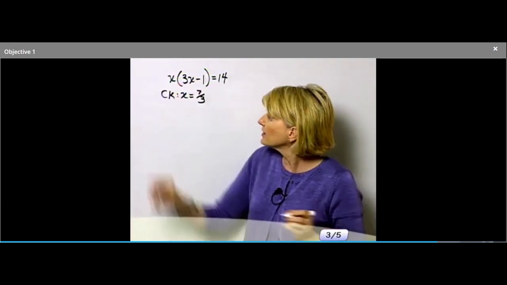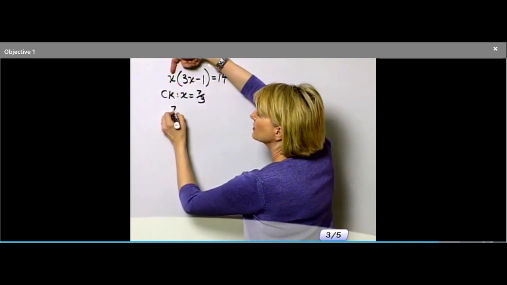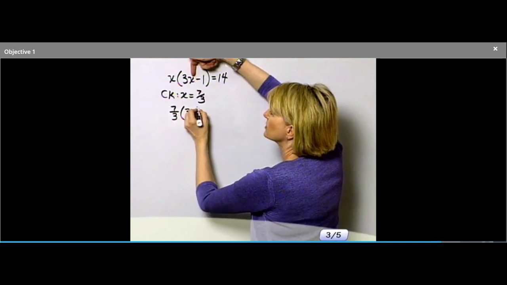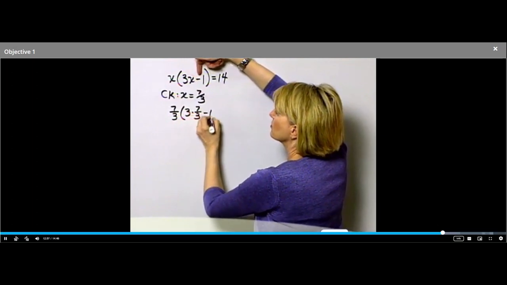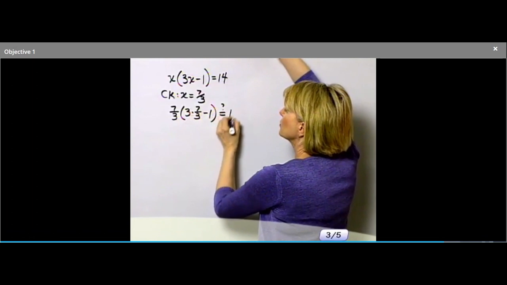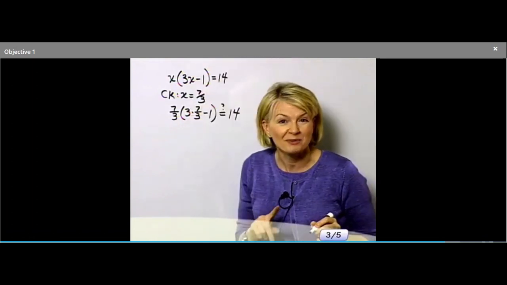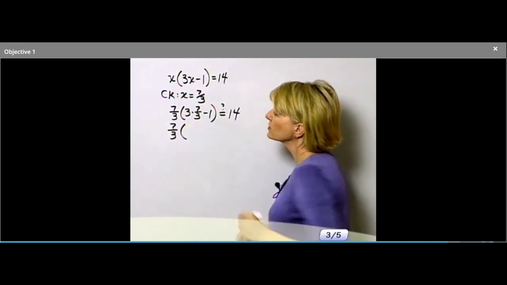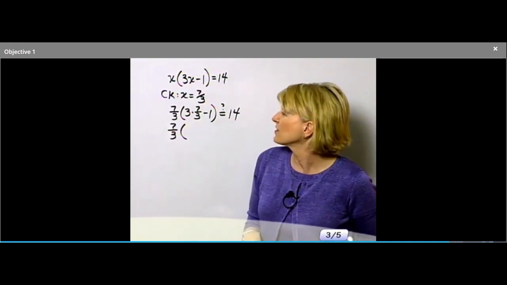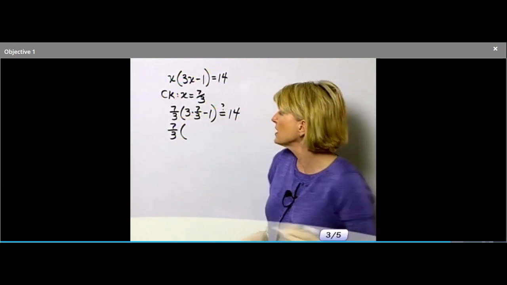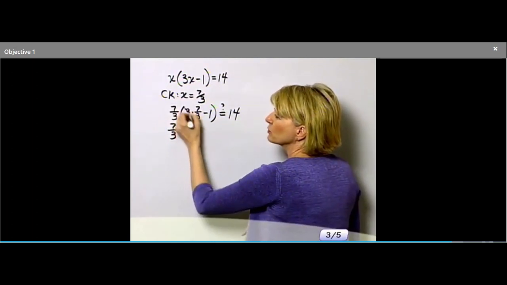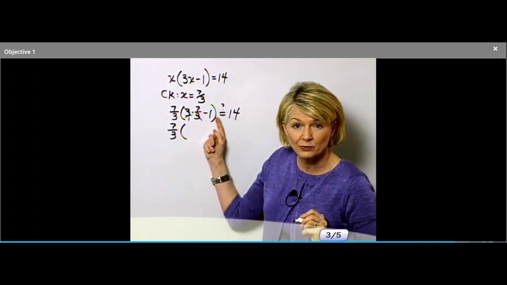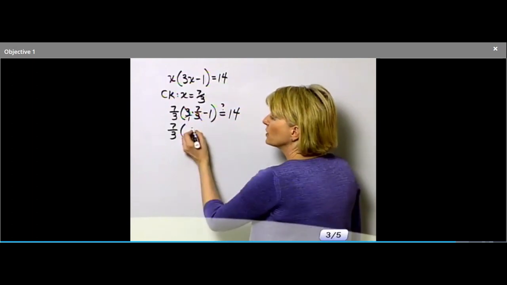All right, how do we check it? Everywhere there's an x, we put 7/3. So that's 3 times 7/3 minus 1. Is that equal to 14? It better be, but let's check. So we have 7/3 times, what is 3 times 7/3? Well, 3 times 7/3, this is like 3 over 1, so those divide out, and I have 7 minus 1. What is 7 minus 1?